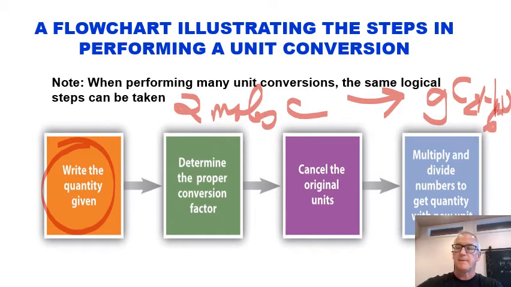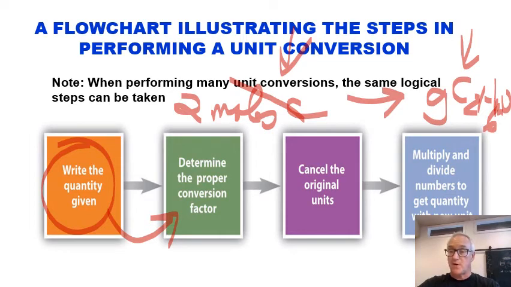Put a 6 there. Just write down the quantity you're given. Determine which conversion factors you're going to need. So the first thing you would need to do is figure out how many moles of ethanol you get per mole of carbon. And then you would eliminate moles of carbon and be left with moles of ethanol.